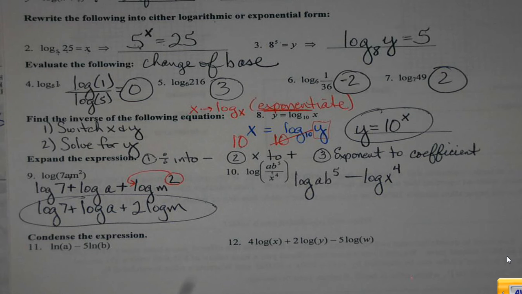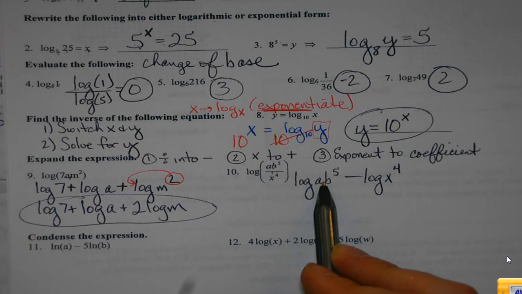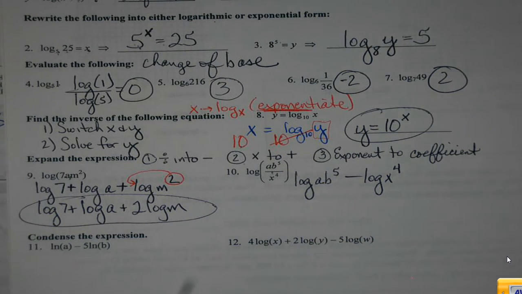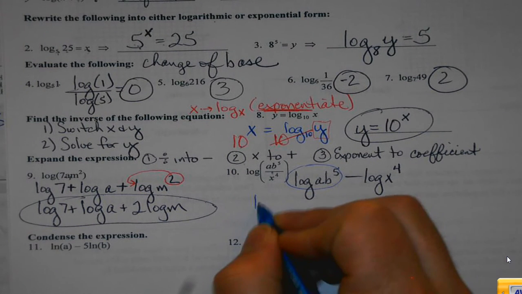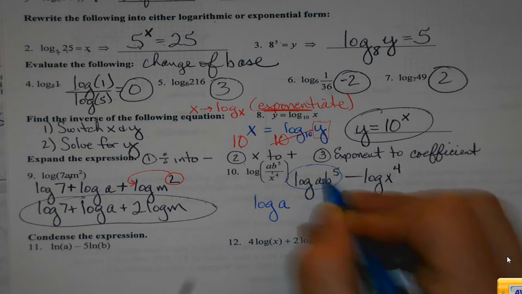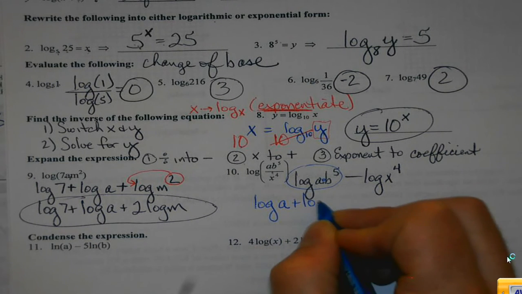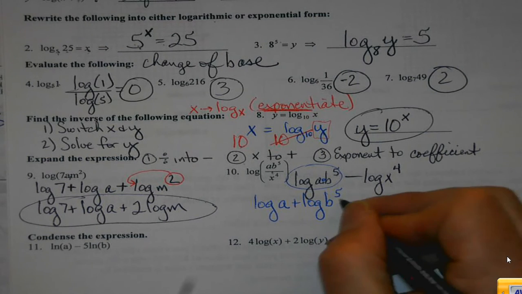So I've taken care of the division, turned it into a minus. Once that's done, now I go looking. Do I have any multiplying? I do. This a times b to the 5th right here. So, I'm going to take this guy, and that's going to be log of a. Here's where my little multiplication dot would be. Plus log b to the 5th. And then I leave that last part alone.